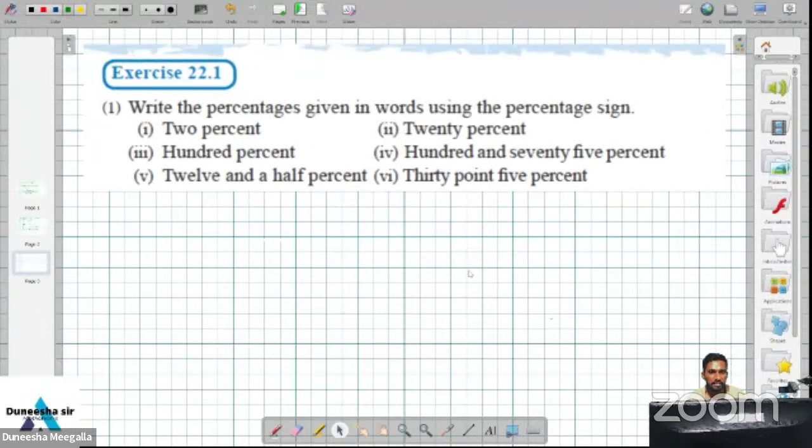Can you do this? Don't write the question. Write the question number and get the answer. Okay. Can you do it? Tenuli, can you do it? Priyashi, can you do it?